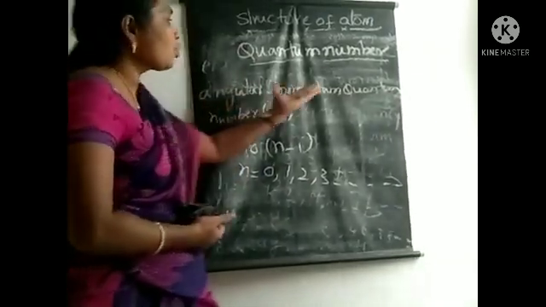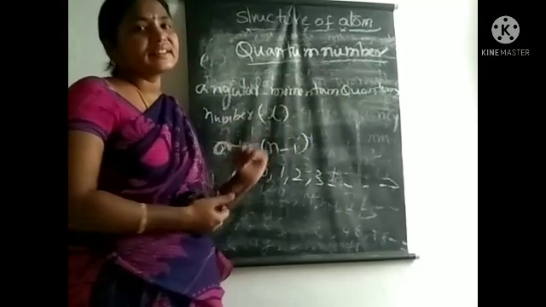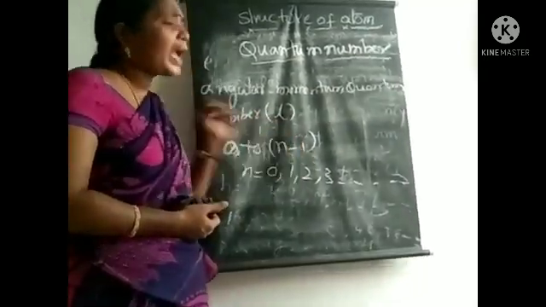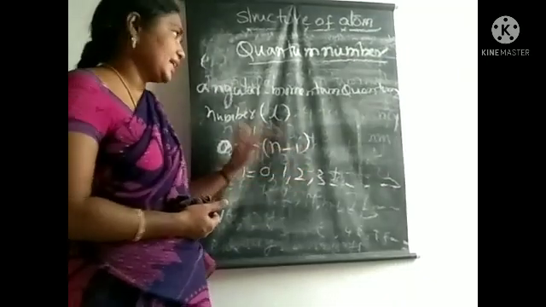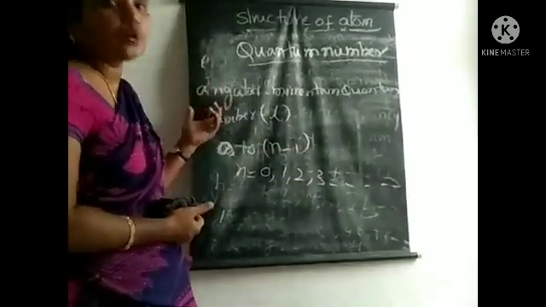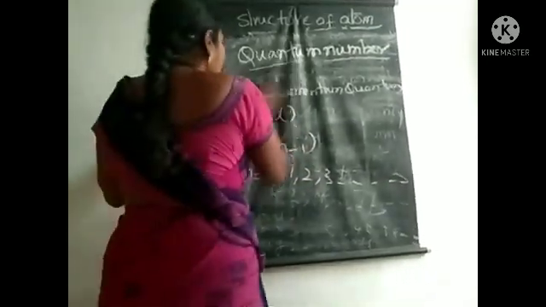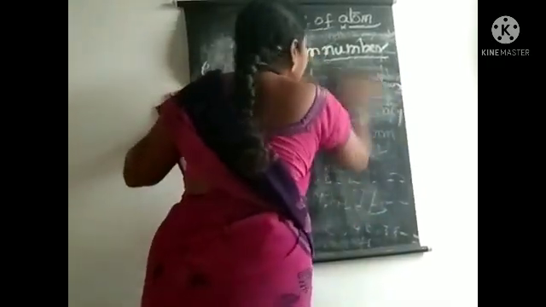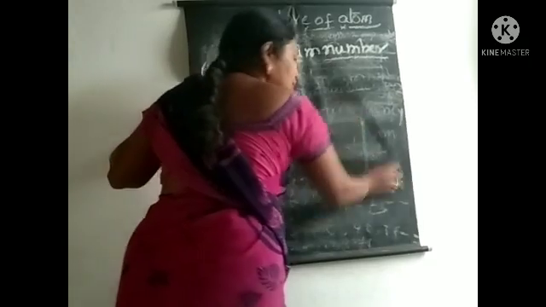The space in the atom around the nucleus is described by the angular momentum quantum number. Next, another quantum number, that is the magnetic quantum number.